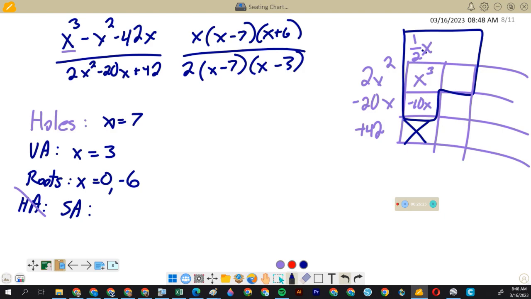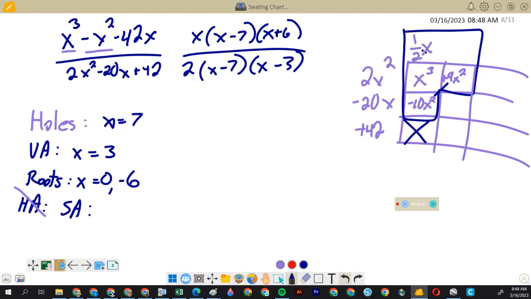These two boxes need to add to be negative x squared. So I have negative 10x squared. I need to add 9x squared. And then what times 2x squared is 9x squared?